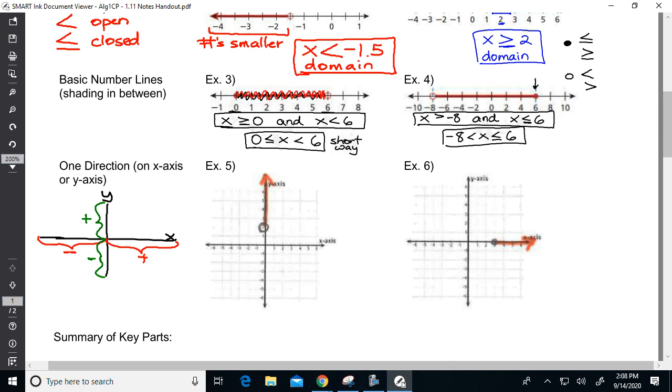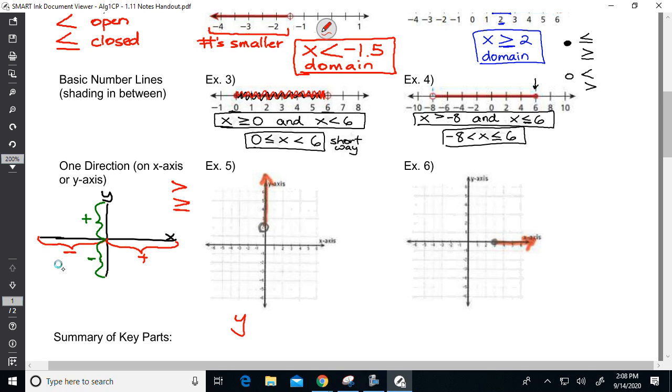So for example 5, first thing, am I on the x-axis or the y-axis? I'm on the y-axis. So I'm going to use y as the variable. Am I pointing up or am I pointing down? Up. Since I'm pointing up, I'm either going to use greater than or greater than or equal to.